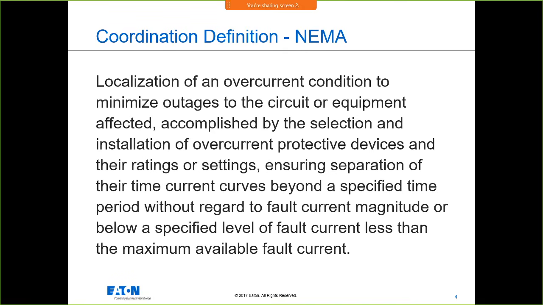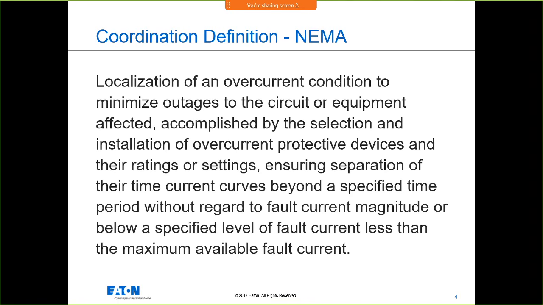There's no real definition in the National Electrical Code or NFPA 99. NEMA tells us it's a localization of an overcurrent condition to minimize outages to the circuit or equipment affected, accomplished by the selection and installation of overcurrent devices and their ratings or settings.